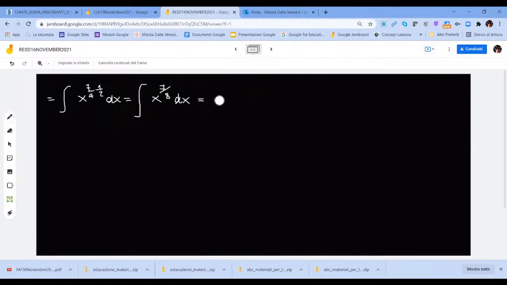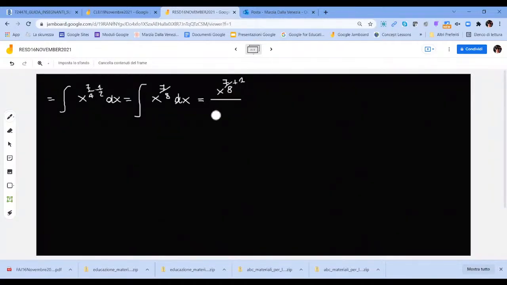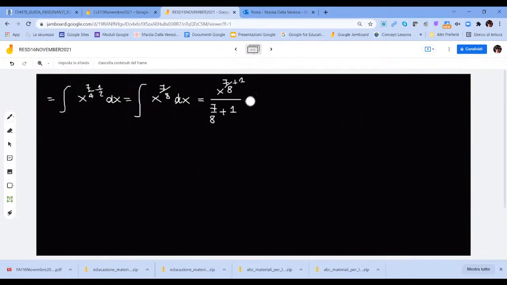That means that we have x to the power 7/8 plus 1, and again on the denominator 7/8 plus 1, plus c.